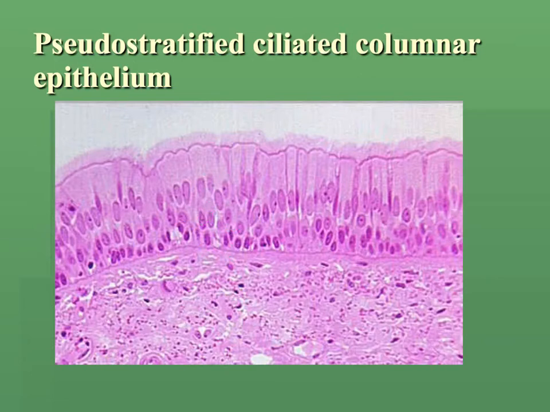Now, it is one cell layer, but because the nucleus bounces up and down, it gives the appearance of being more than one layer, thus pseudostratified. The little hairs that we see across here are the cilia. They act as a cleaning mechanism to remove mucus and dust from the trachea. So we have pseudostratified ciliated columnar epithelium.